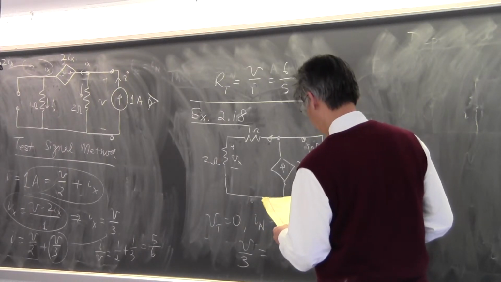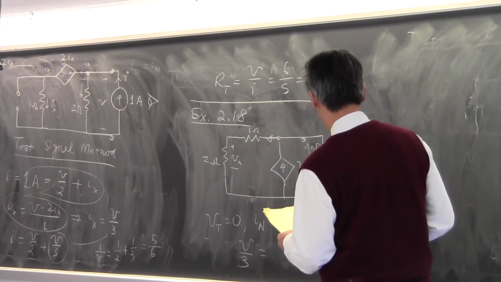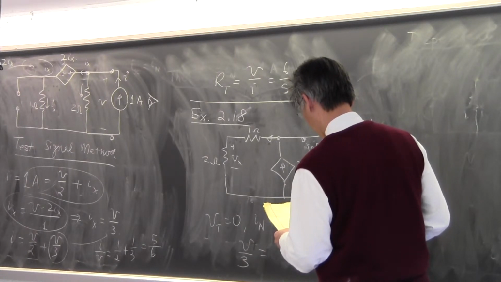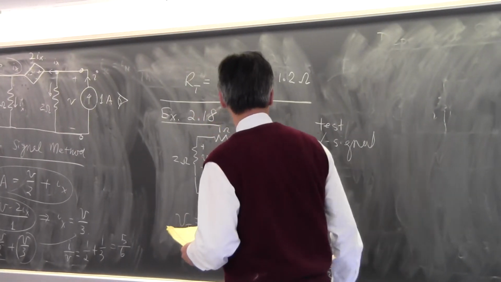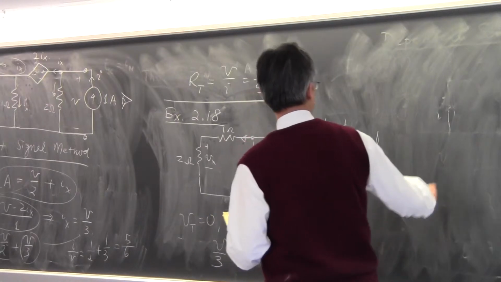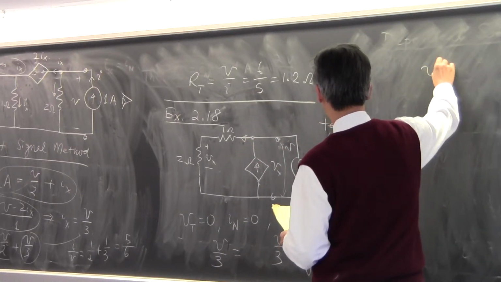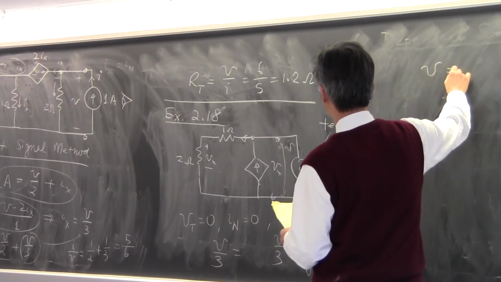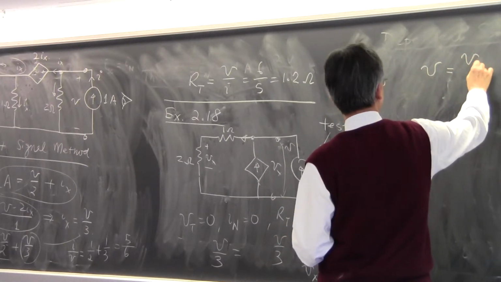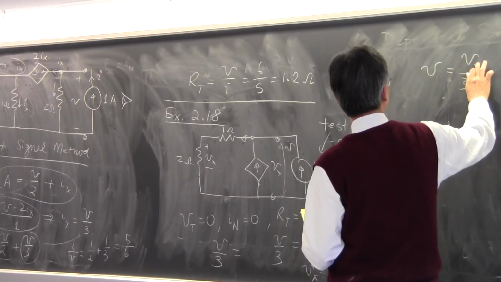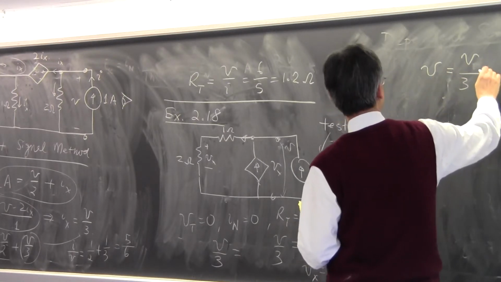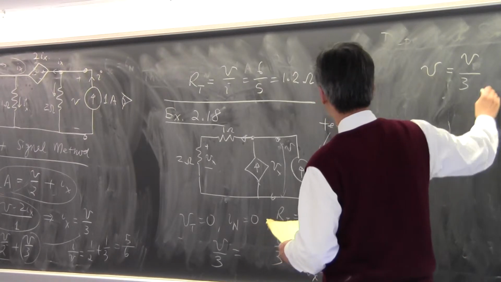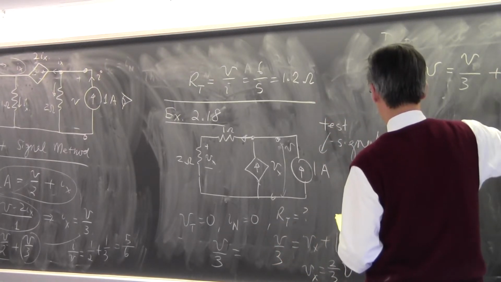I find that this Vx plus V must be equal to Vx over 3. Let me see. V is equal to V over 3 plus Vx.